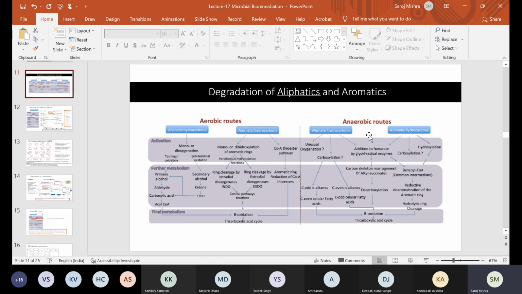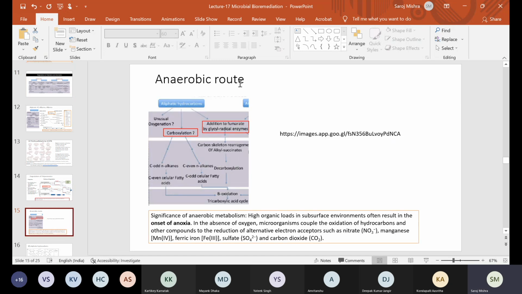It doesn't mean that because oxygen is absent, these hydrocarbons cannot be oxidized. They are oxidized, except that there are different types of electron acceptors other than molecular oxygen. So first I will discuss the anaerobic route for aliphatic hydrocarbons, and then how aromatic hydrocarbons can also be degraded anaerobically.